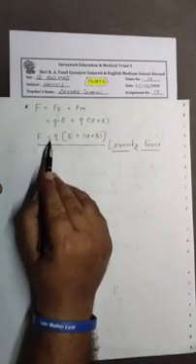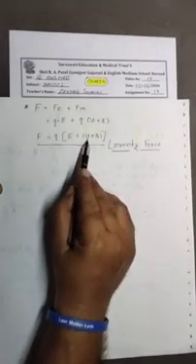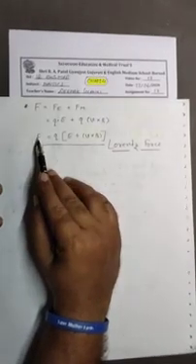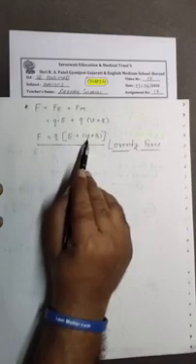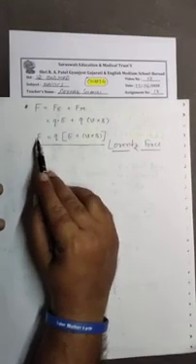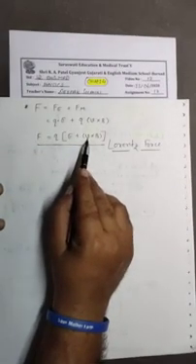So your answer will be Lorentz force. Why Lorentz force? Because see here, in F there is a term velocity. So F is directly proportional to velocity V, meaning this force depends upon velocity. So Lorentz force is a velocity dependent force.